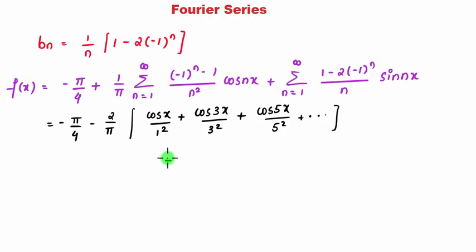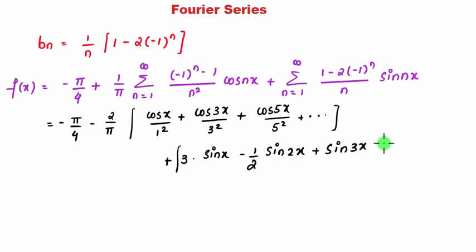plus I say 3 into, here comes sin x, that will be my first term when you put n equal to 1, minus 1 by 2 sin 2x, and then plus sin 3x, and then dot dot dot. Now this is my f of x. For deducing, I'll be putting x equal to 0.